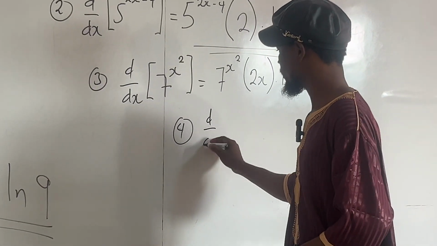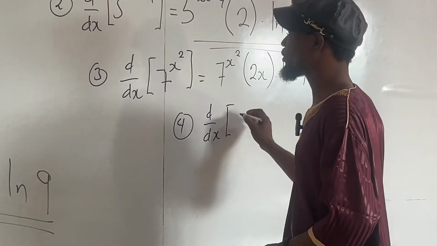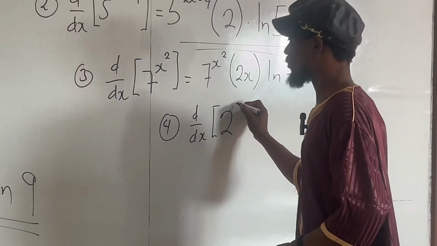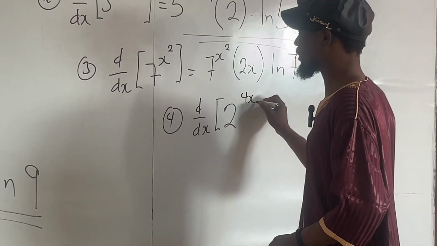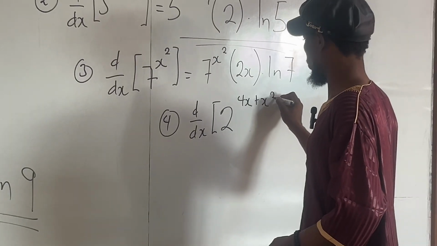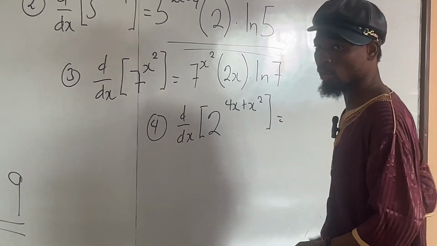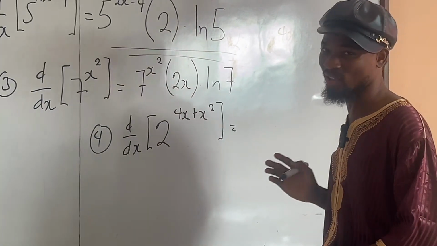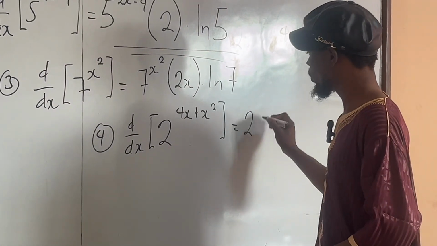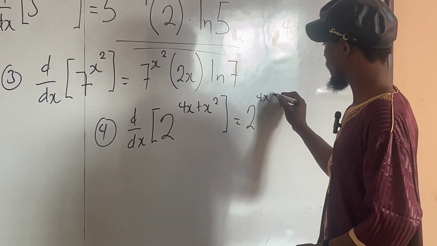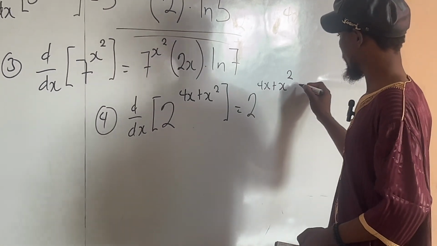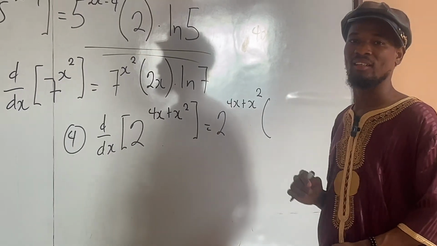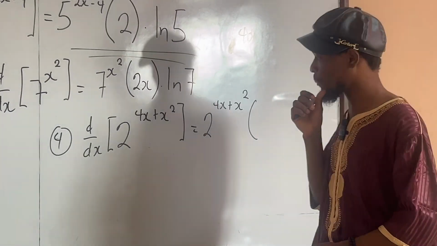Viewers, the last question to end the tutorial is to differentiate 2 raised to an exponent of the expression 4x plus x squared. What do we do? Copy and paste. Just follow the normal way of doing things. So I have 2 raised to the power 4x plus x squared, then times the differential of the exponent, power or index.